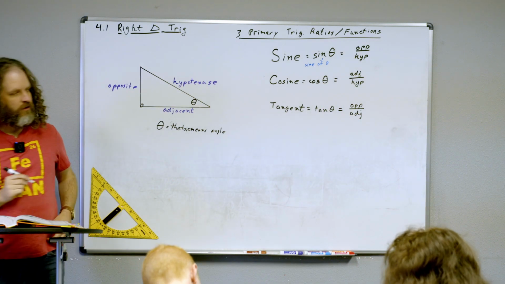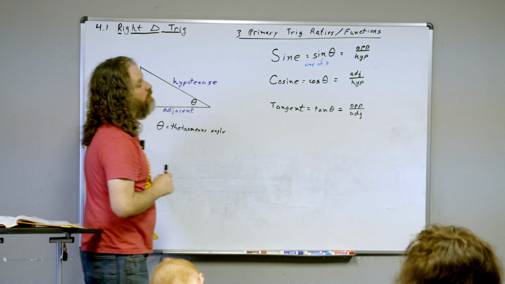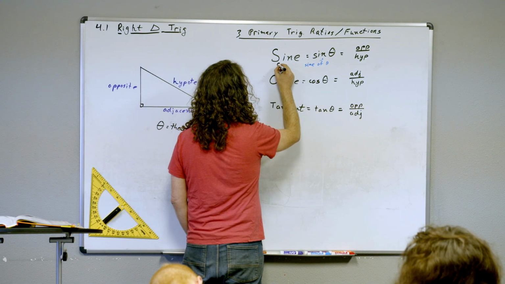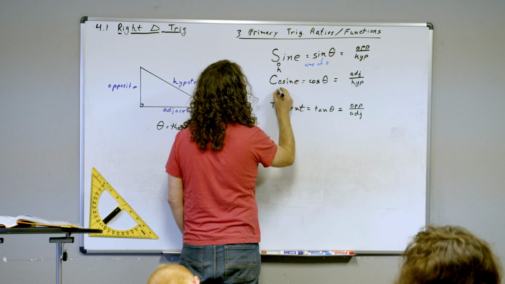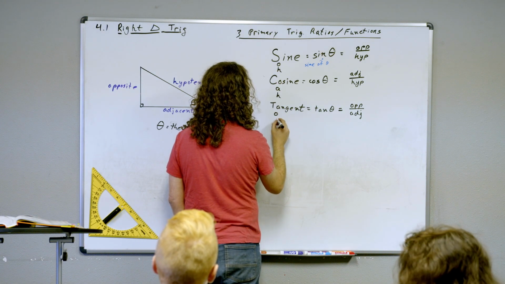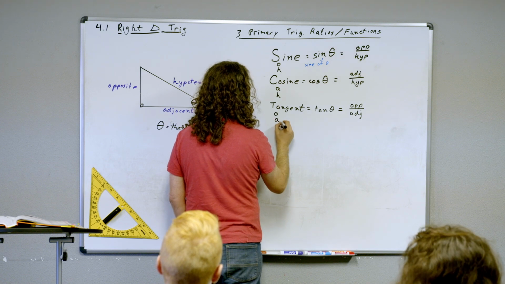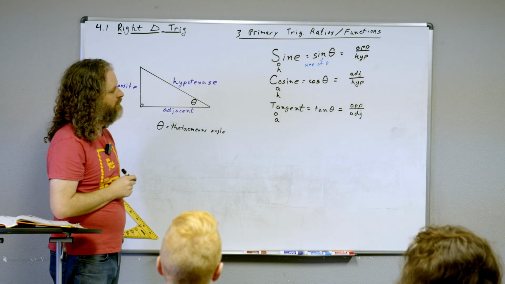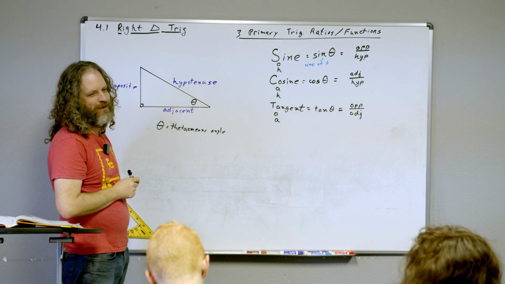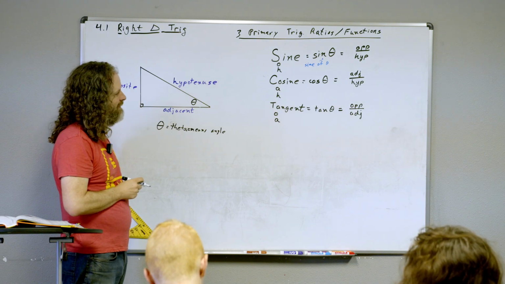And as Alexa alluded to, there's a way to remember it. You can remember it like this: SOHCAHTOA, which kind of sounds like an Indian word. It's not, but you know, SOHCAHTOA.